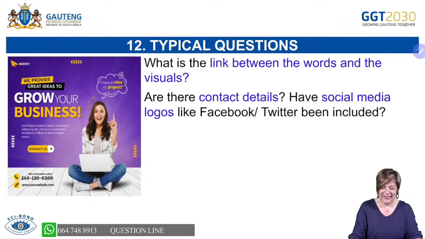Are there contact details? Maybe there's social media logos. And in this case, we have a telephone number, it seems, and we have a website. Now, an obvious question is, why would they want to include all these details? Well, there's a number of reasons.